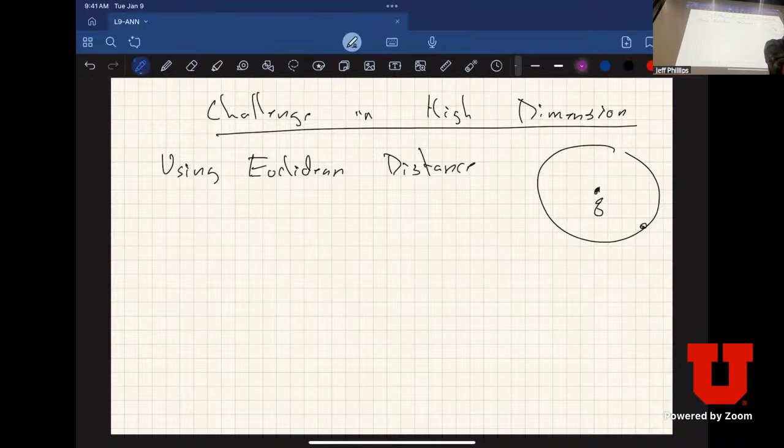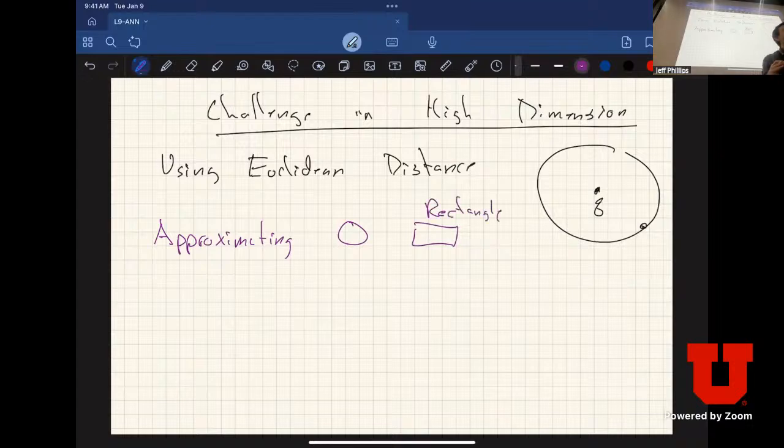But these approaches have been approximating the circle with a rectangle, because I can spatially subdivide. If I subdivide the space, I have to use rectangles. I can't subdivide a space into balls, because balls have rounded edges and don't tile the plane.